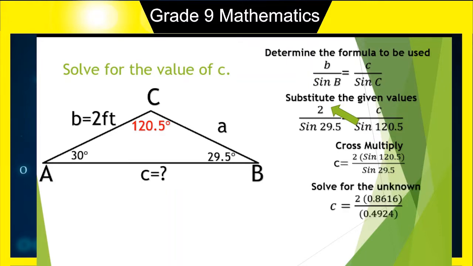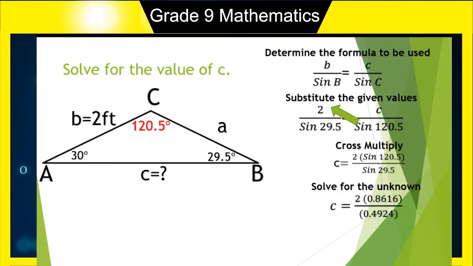Then afterwards, what you will do is solve for the unknown by first evaluating sine 120.5, which becomes 0.8616, and also pressing sine 29.5 on your calculator, which becomes 0.4924.